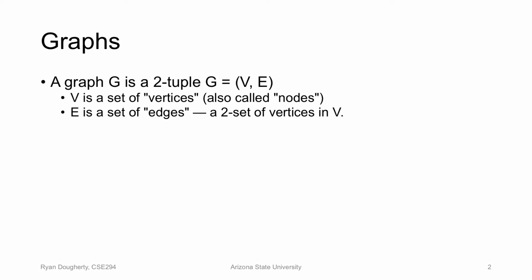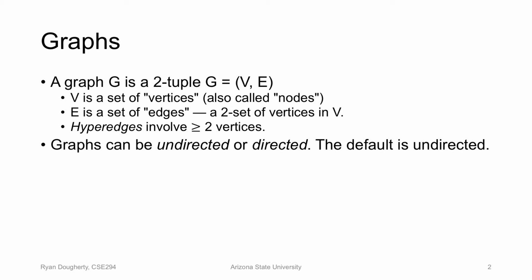An edge corresponds to two vertices, so with one edge, you're connecting up 2 vertices. There are some graphs called hypergraphs, which have hyperedges with two or more vertices associated with an edge, but we don't concern ourselves much with that, just for completeness.